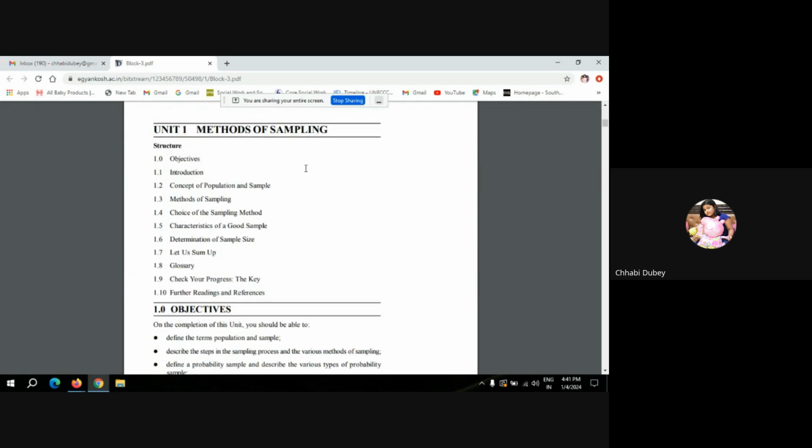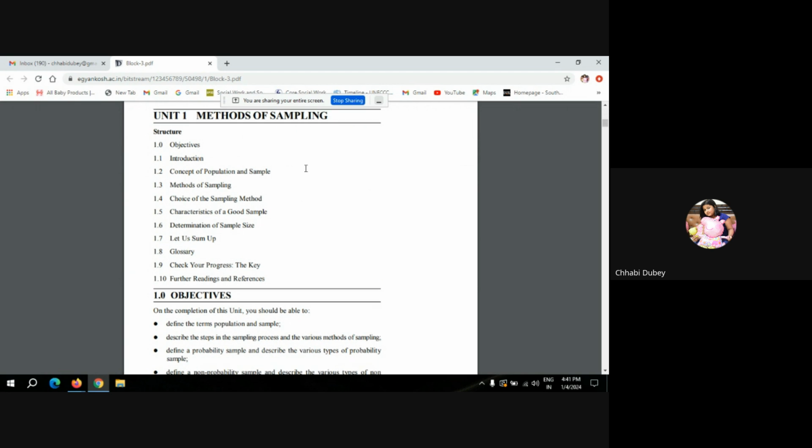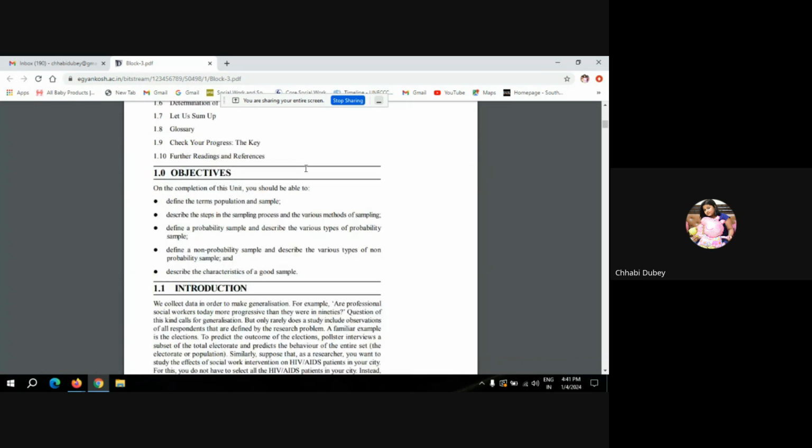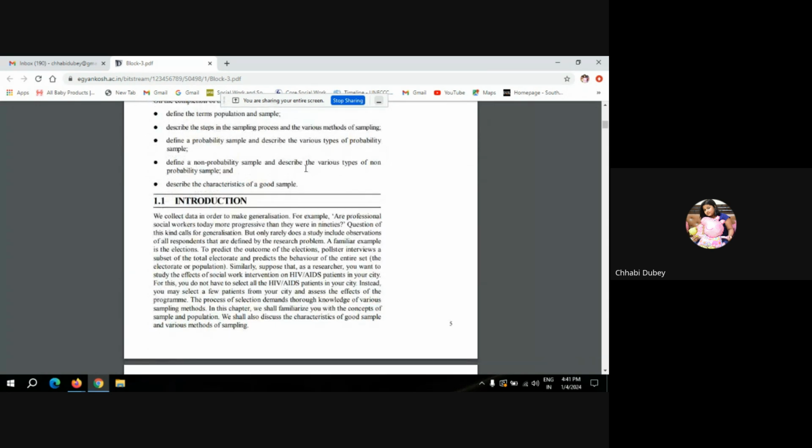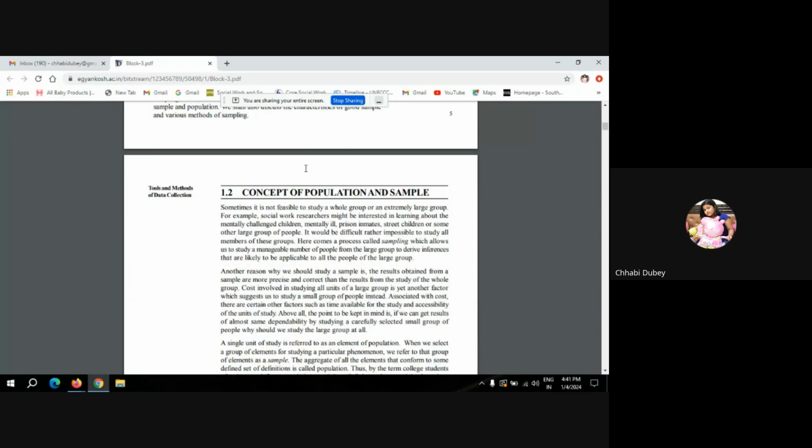So here we come to the methods of sampling that are used. What exactly is meant by sampling? Sometimes, when we are studying an extremely large group, it is not possible to collect the data from the whole population, or from every individual in that population.